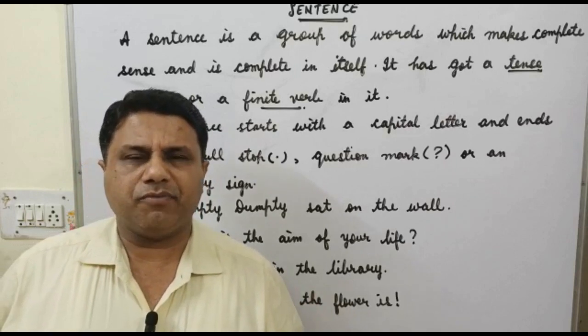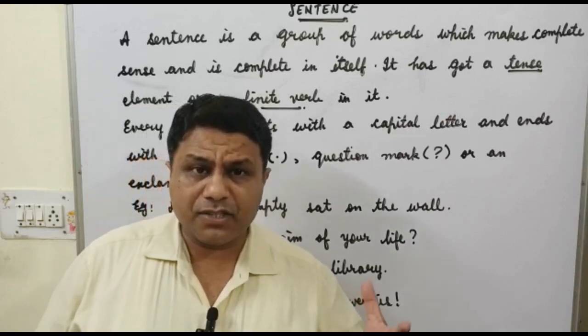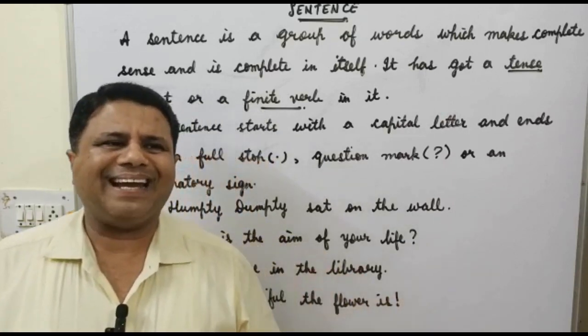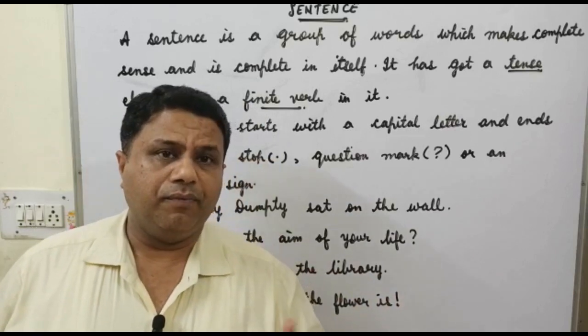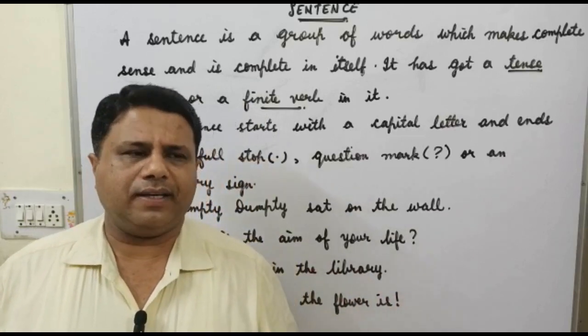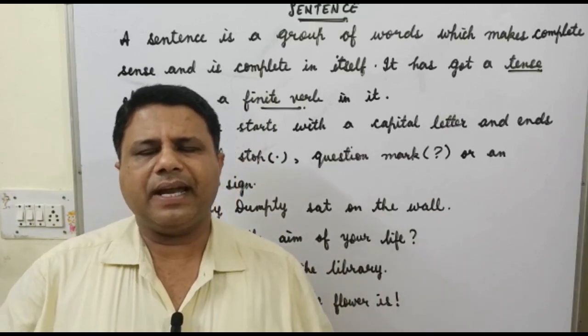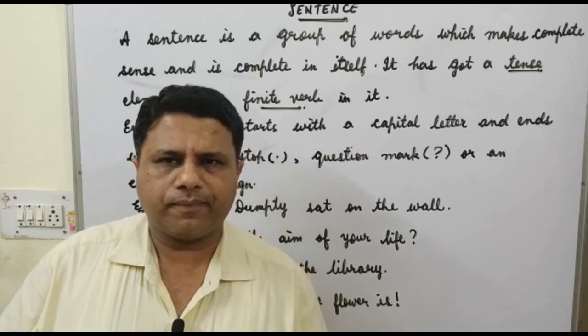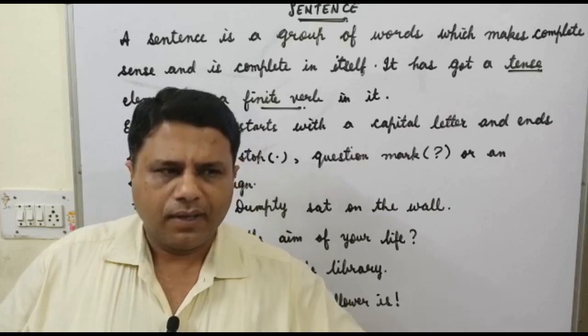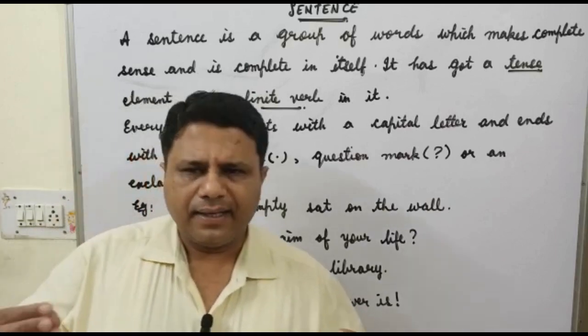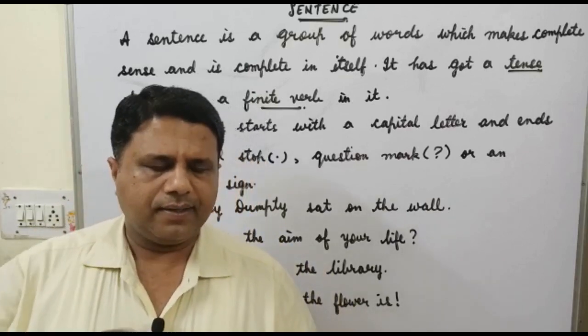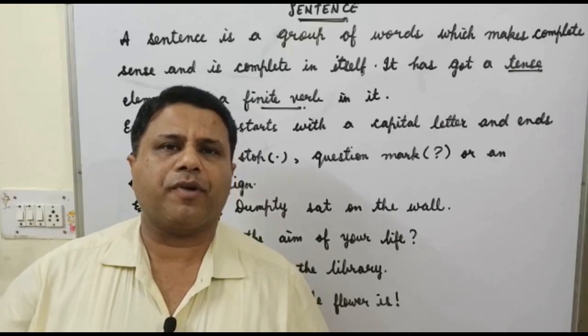Of course, sometimes we can make a sentence with one word also, but that does not mean that the other words are not there. For example, we can have a sentence like "go." We simply say go, right? It means that you should go from here. The complete sentence is "you should go from here."